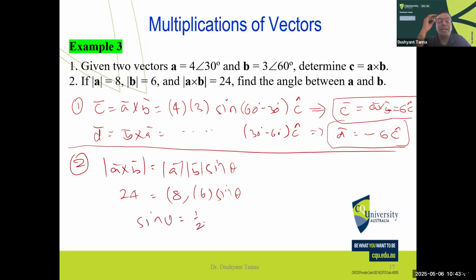And here you can have two values. This is where I was getting mixed up a bit. You can say 30 or 150. Why? Because sine theta is half. Arc sine, the angle between two vectors can be 30 or 150. Cool.